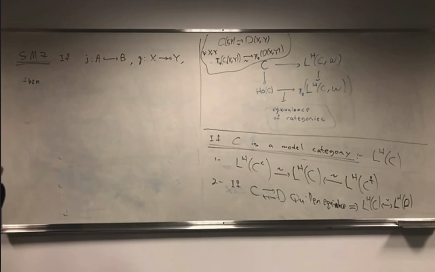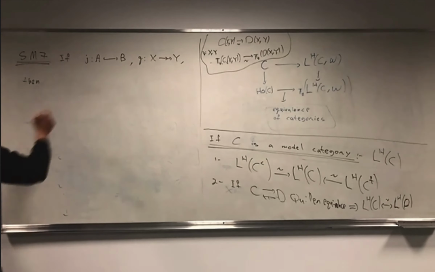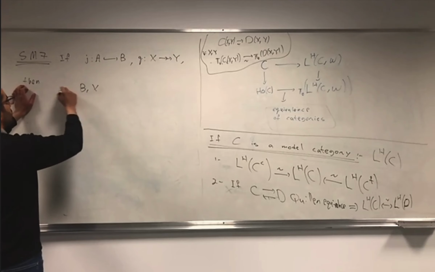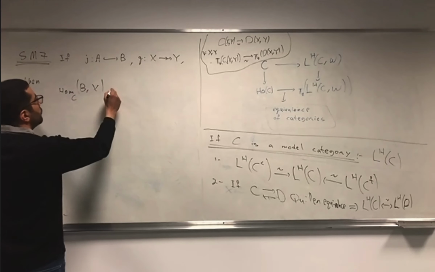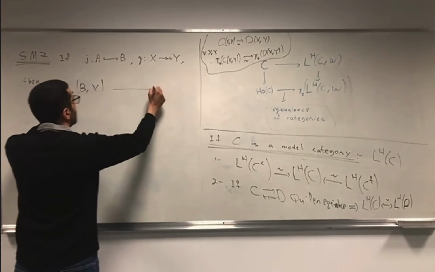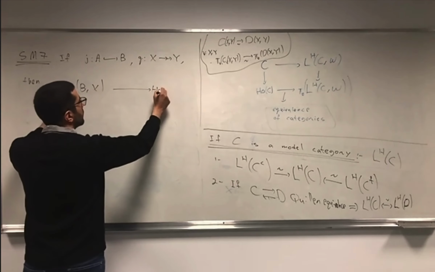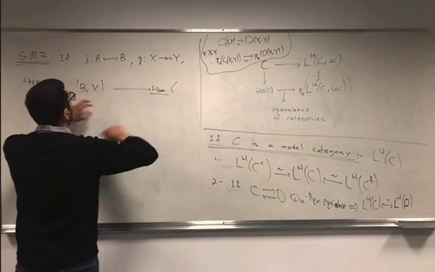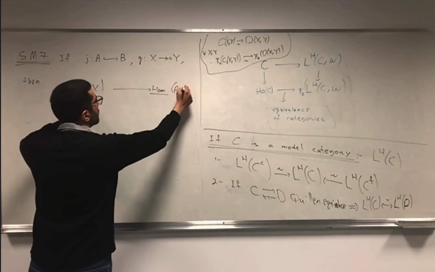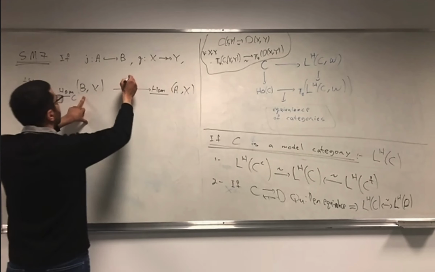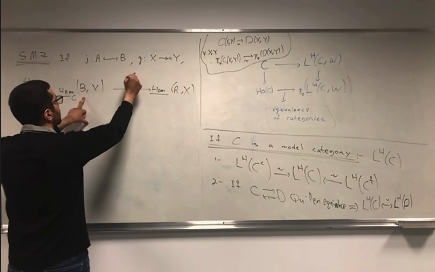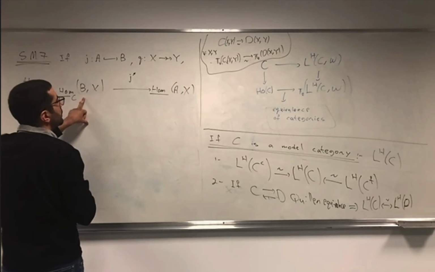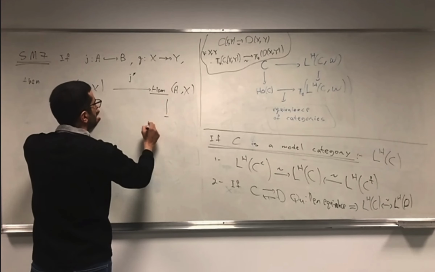We can move from B X here from C to A X by applying g, by composing with g. So what we apply here is this one, right? And we can go to here.